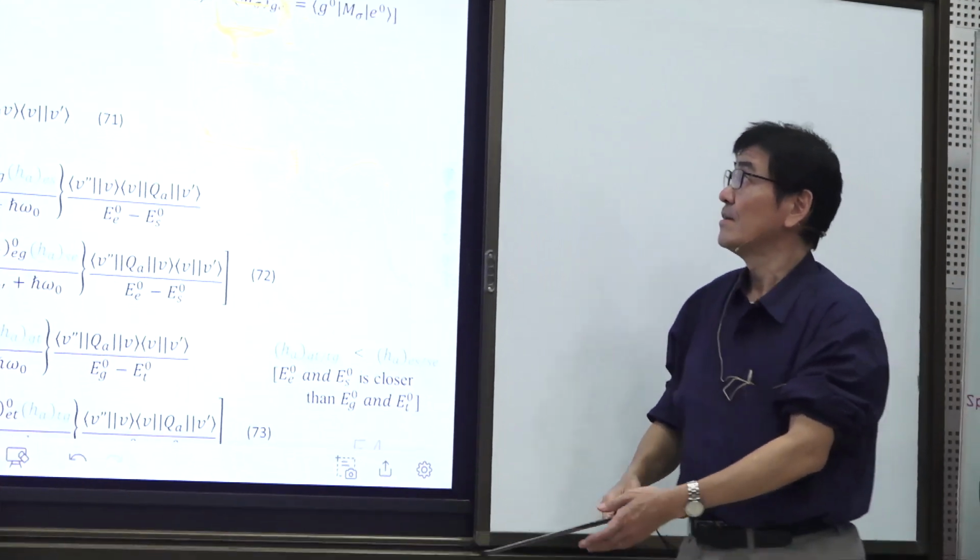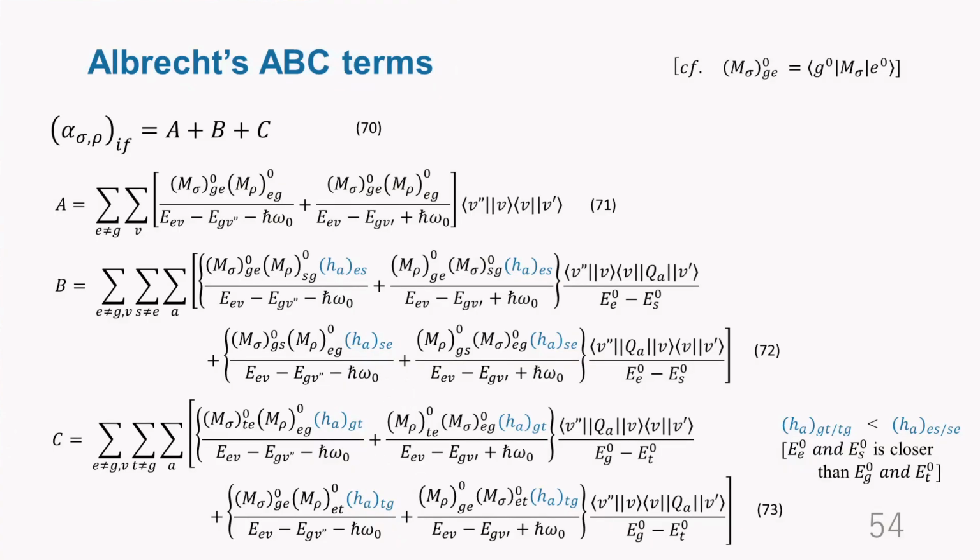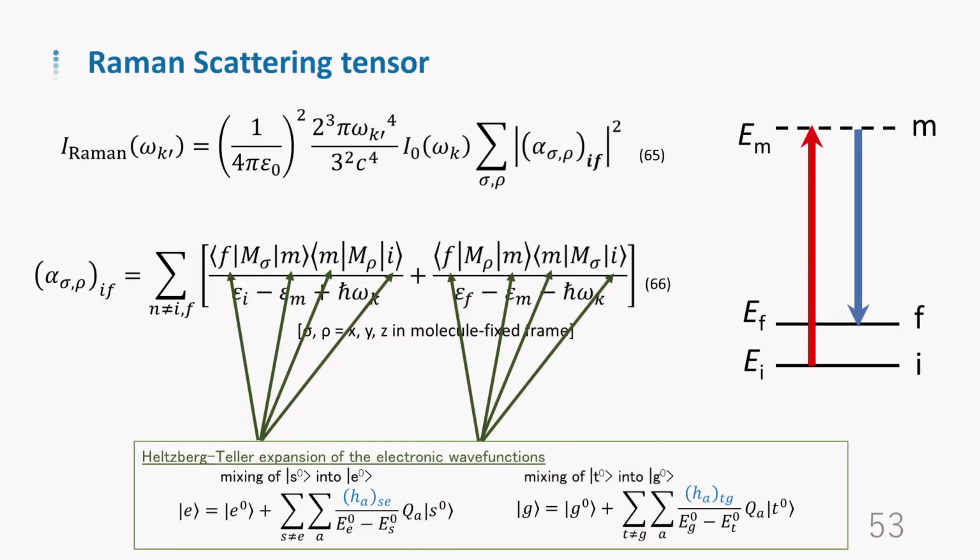Then it's obvious. The energy level is closer between E and S. And when it mixes into G, we call it T1, T2, T3 or something. But the energy spacing between G and T is large. Okay? In that sense, HA-GT is smaller than HA-ES because of the denominator.